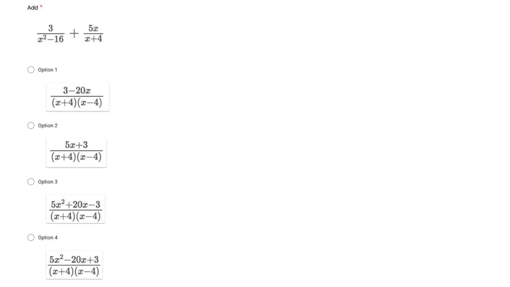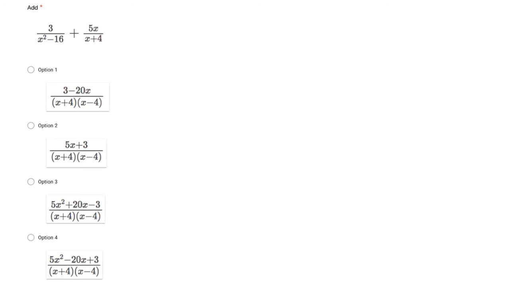But when we have a difference of squares, which is to say that we have an x squared minus a perfect square, in this case 16, then we can pretty much factor it out into two binomials, and in this case it'd be x plus 4 times x minus 4, which we have here. That's because the square root of 16 is 4.